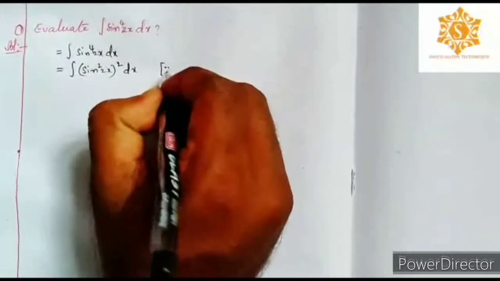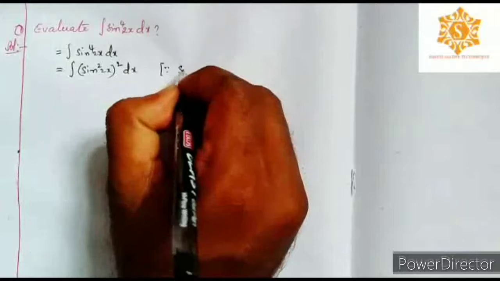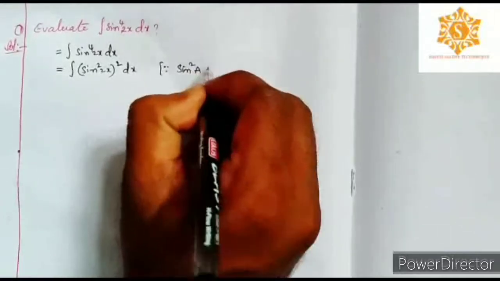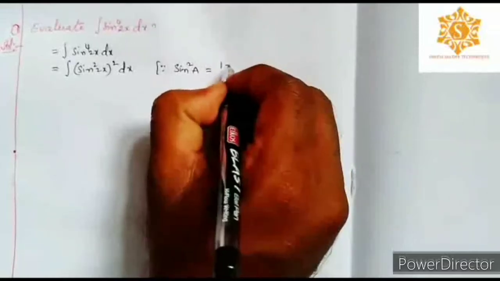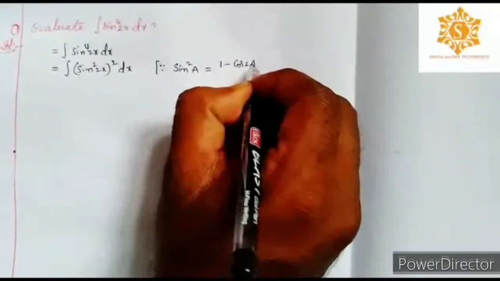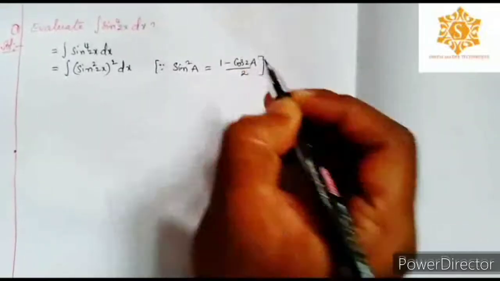We know the formula sin square a equals to 1 minus cos 2a by 2.